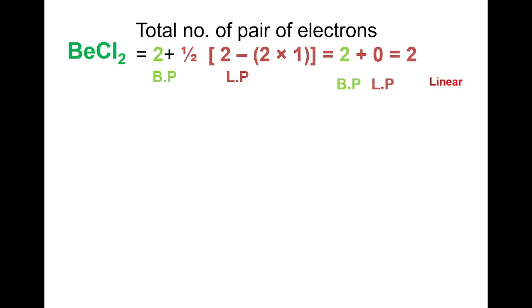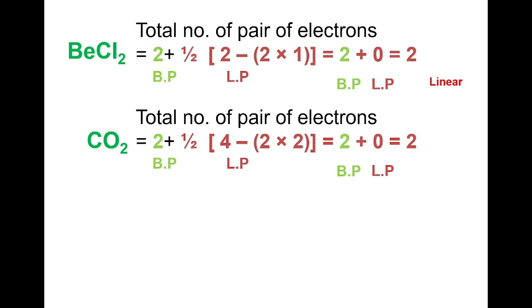If you go to another structure, that is carbon dioxide. Carbon is the central atom, 2 oxygens are surrounding it. So the total number of pairs of electrons will be 2, the number of surrounding atoms, plus half of 4, which is the outermost electrons present in carbon, minus 2, the number of surrounding atoms, into the valency of oxygen, which is 2.